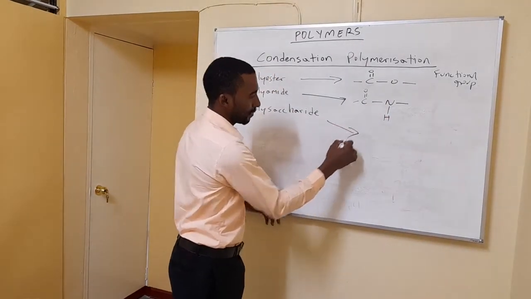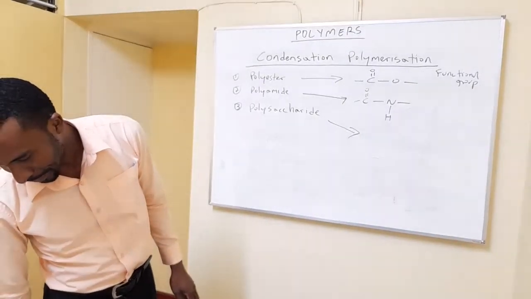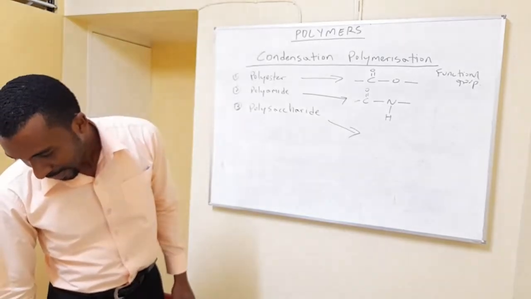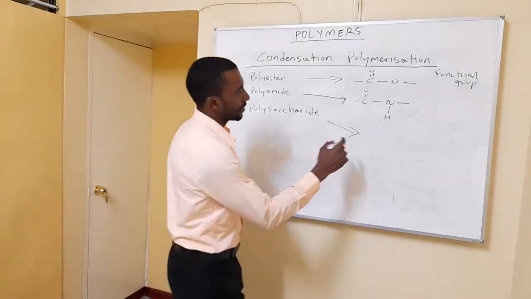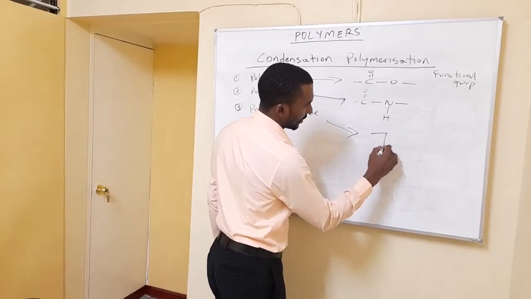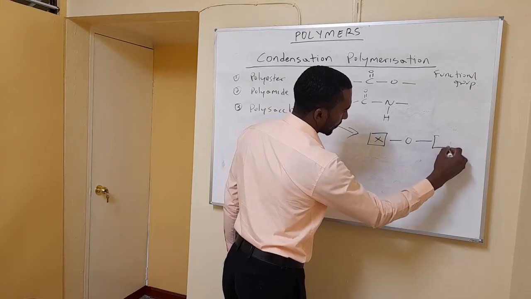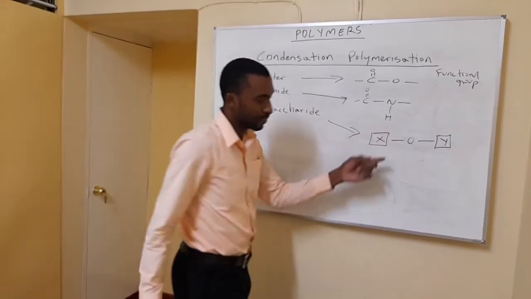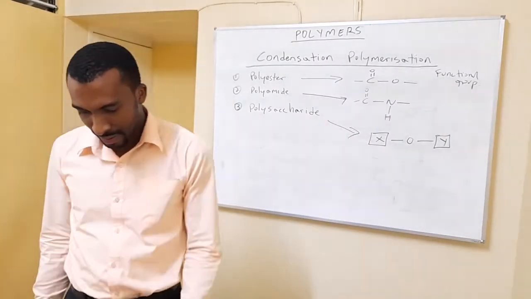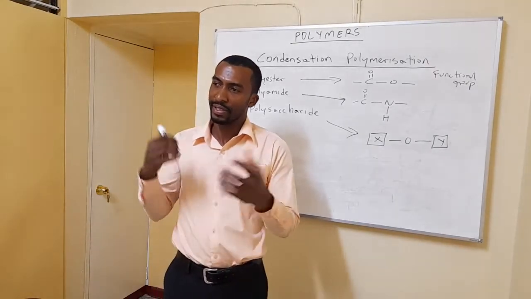Okay? Well, the polysaccharide in the exam, if you are representing it, they normally represent it like X, O, Y, and you will see why, because polysaccharide is basically different alcohol molecules joining together.